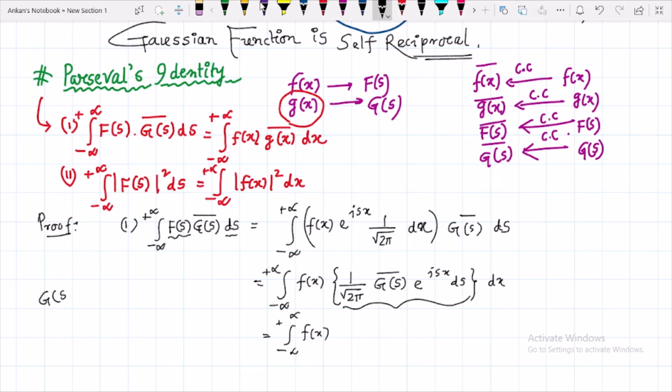Because G(s) e to the power isx ds, with 1 by root 2 pi, integrated from minus infinity to infinity, gives out some g(x). But when you find the complex conjugate of the total equation, the complex conjugate of G(s) will involve the complex conjugate of e to the power minus isx. So it will result in nothing but the g(x) part and the dx. So the first part is proved.